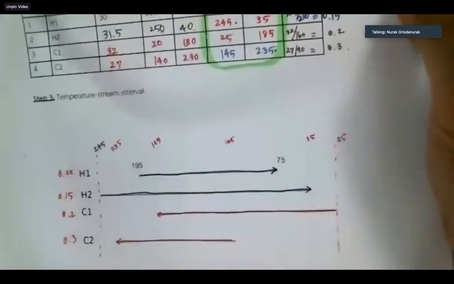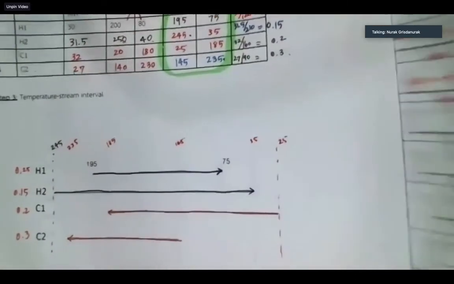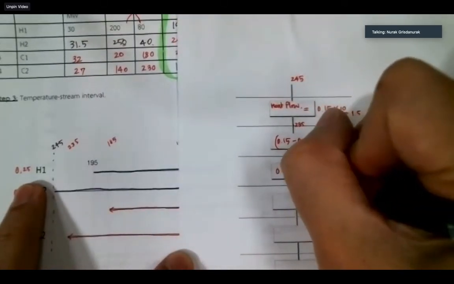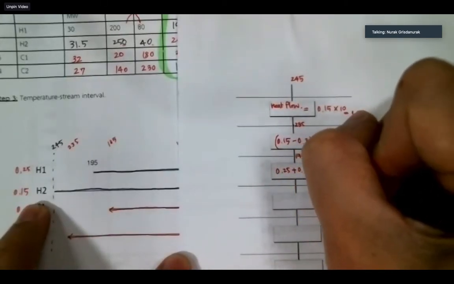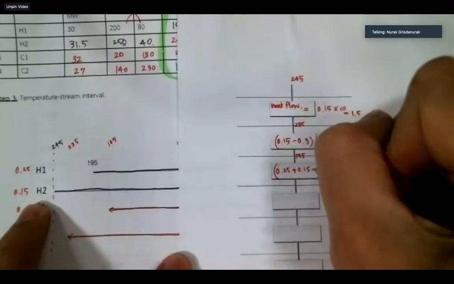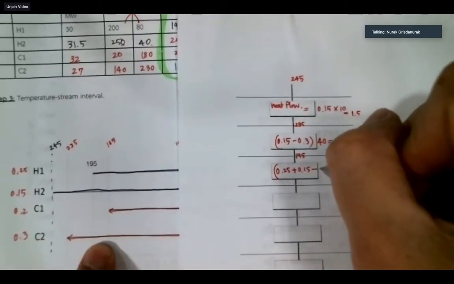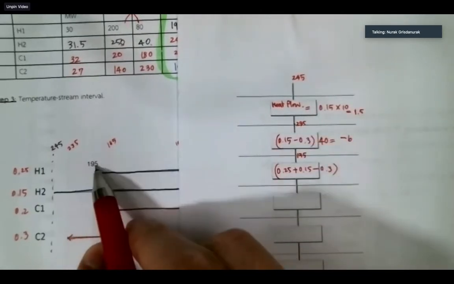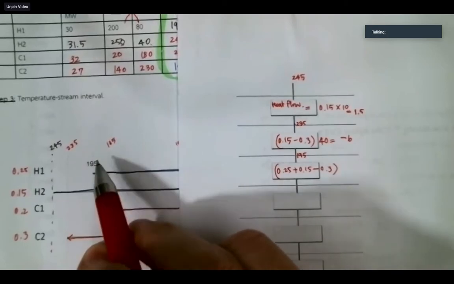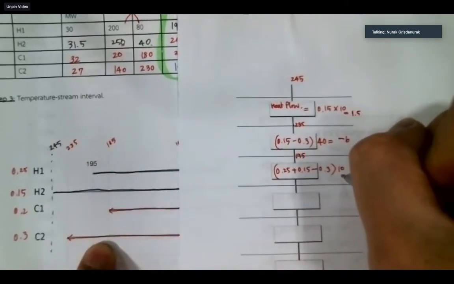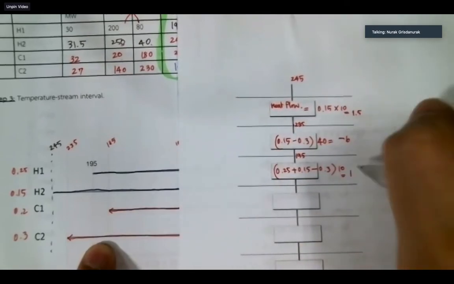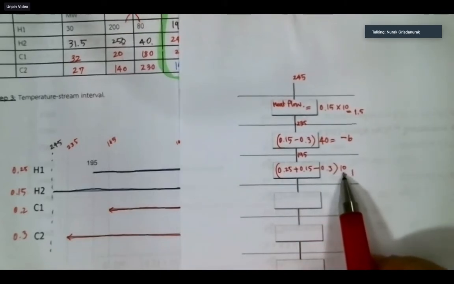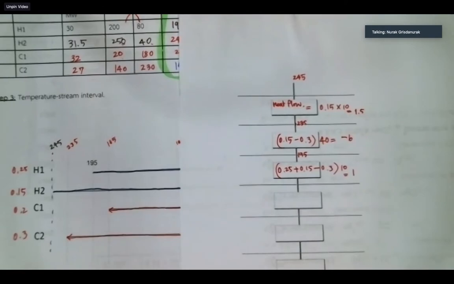So what I should get here is 0.25 plus 0.15, this is hot, right, minus 0.4, 0.3 plus 0.1, and then all of these multiply with the temperature difference of 10, so I will get 1. 0.4 minus 0.2 equal to 0.1.